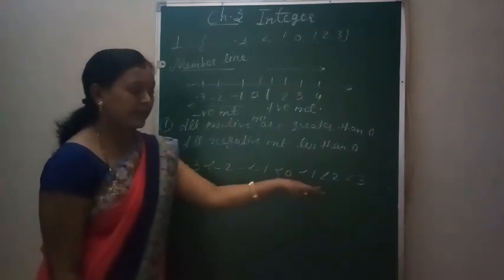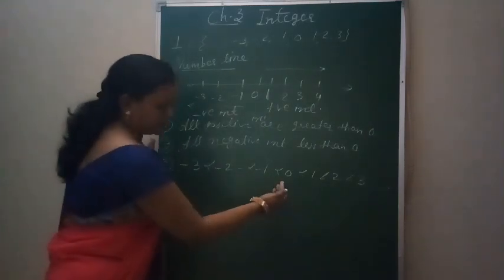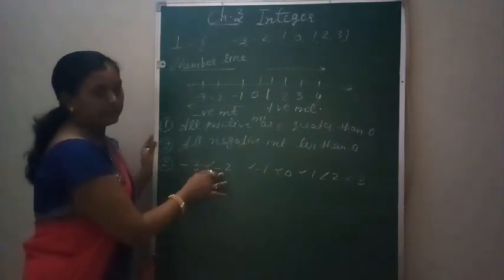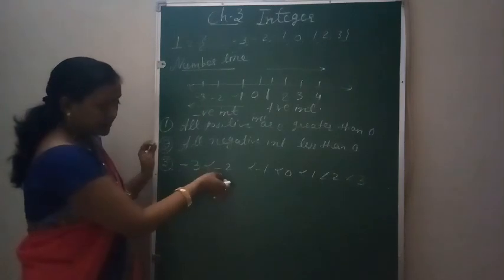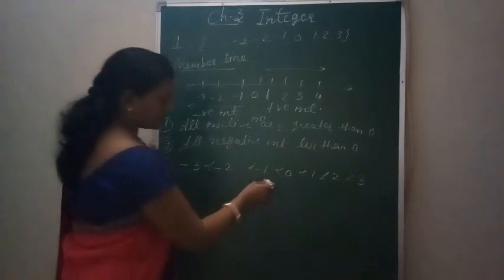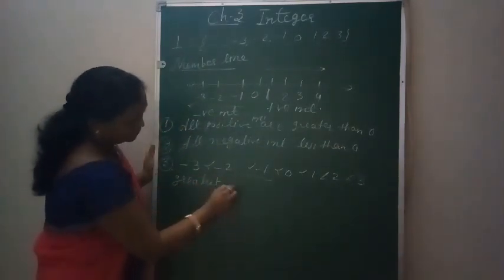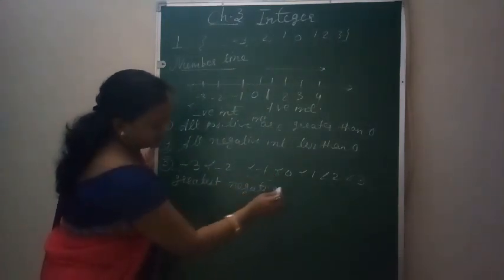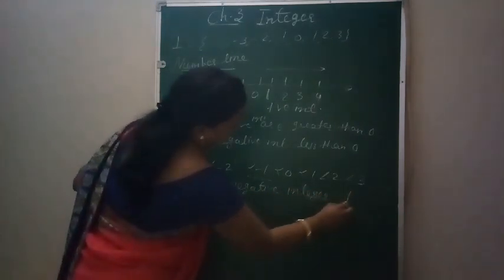So -1 is less than 0, -2 is less than -1, -3 is less than -2. It means a bigger number with the negative sign is less than a smaller number with the negative sign. And we can find the greatest negative integer. When we see this line, the greatest negative integer is -1.